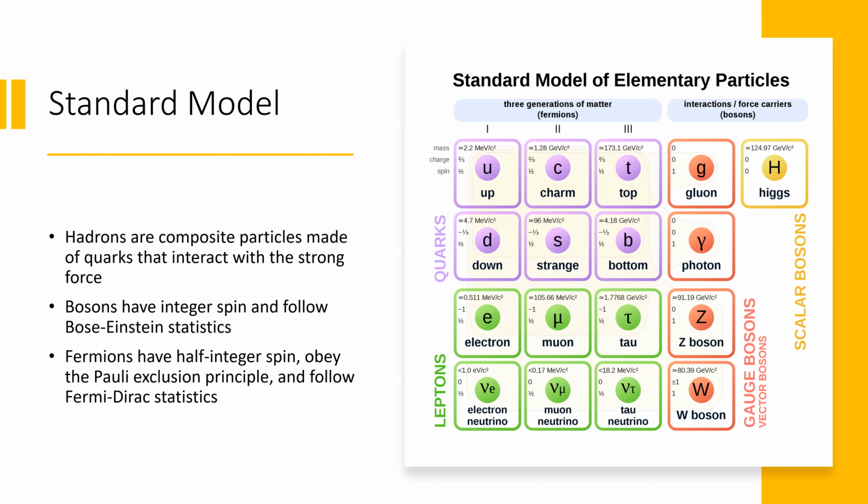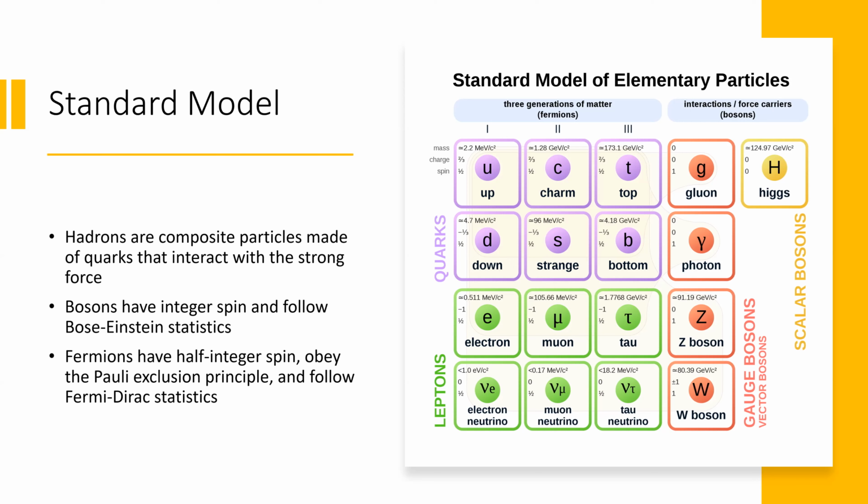Bosons have integer spin, and they follow Bose-Einstein statistics. Fermions have half integer spin, which means it's a multiple of 1/2, and they follow Fermi-Dirac statistics. The difference is that fermions obey the Pauli exclusion principle, which states that any two fermions cannot be in the same quantum state.